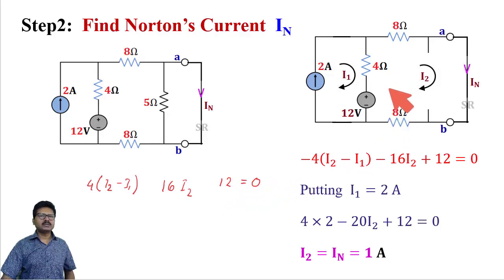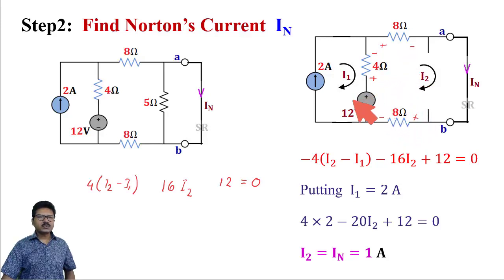Now what is the polarity? I2 minus I1 is flowing through this 4 ohm resistance in the upward direction, so this is positive, this is negative. I2 is flowing through this 8 ohm from right to left, so this is positive, this is negative.